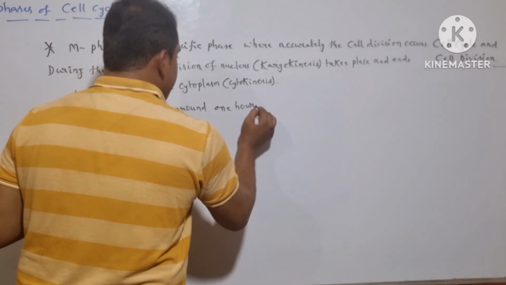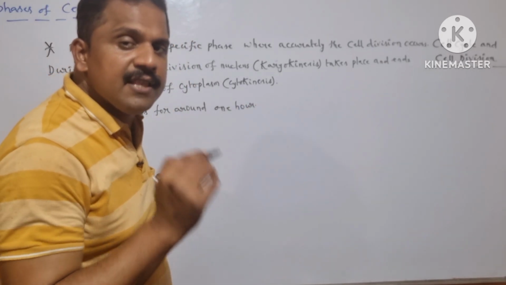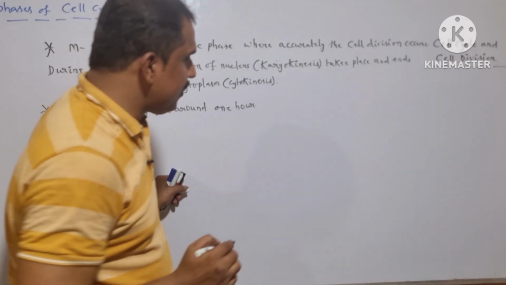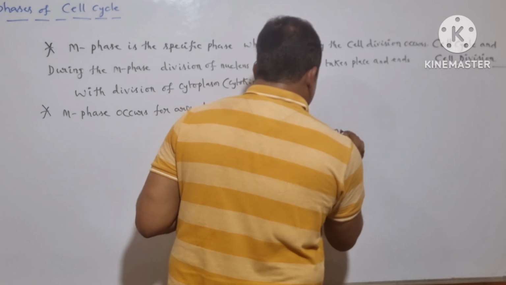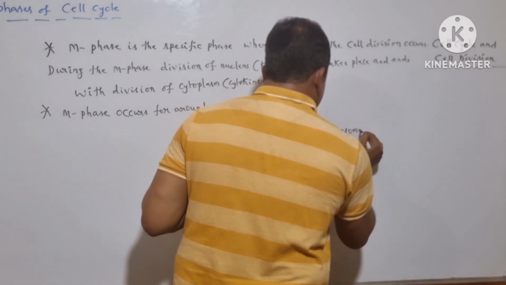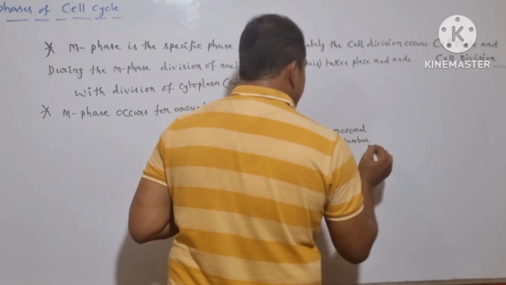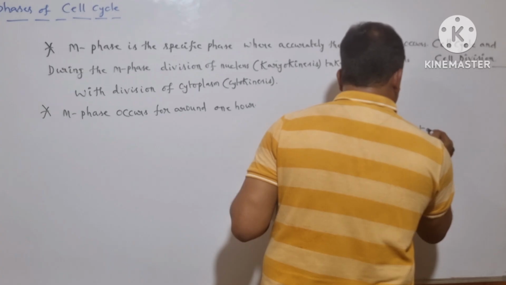1 hour, right? And if you look at the chromosomal number and the amount of DNA during the various phases of the cell cycle, right?